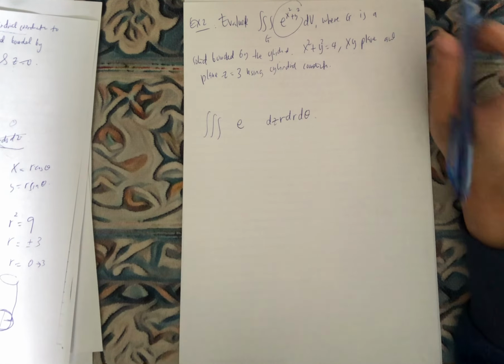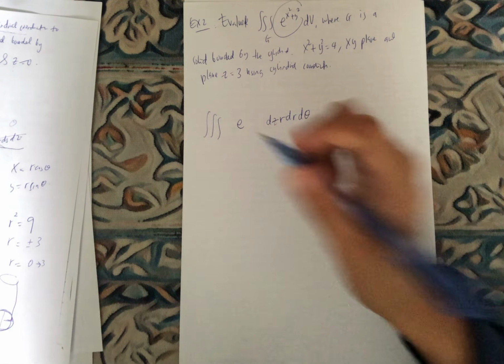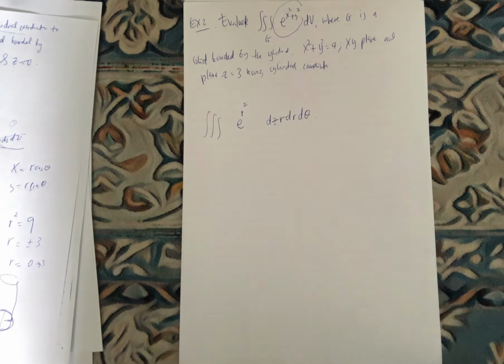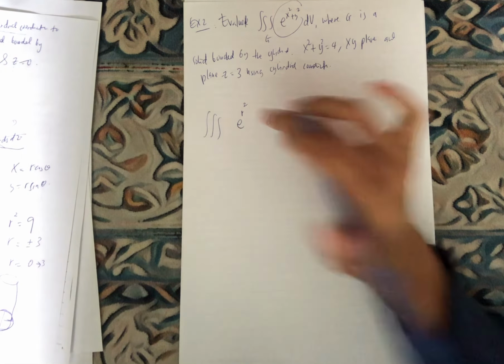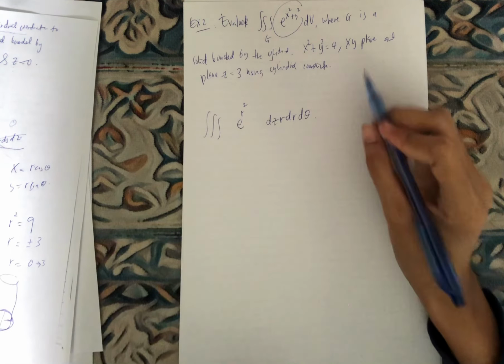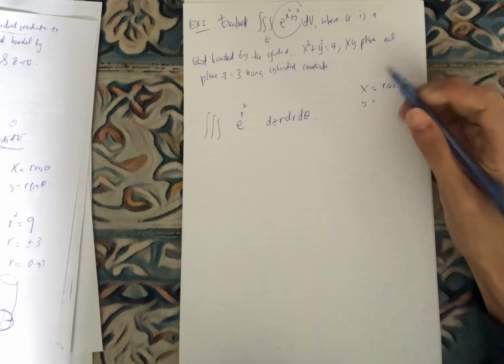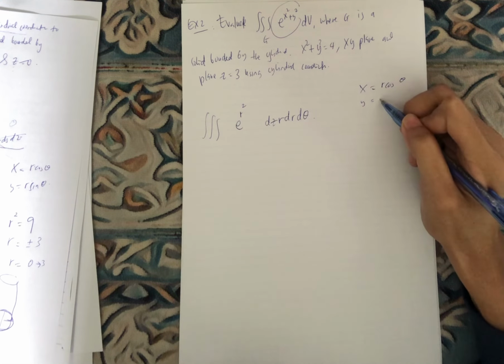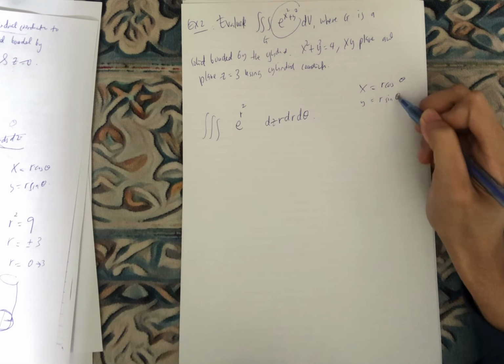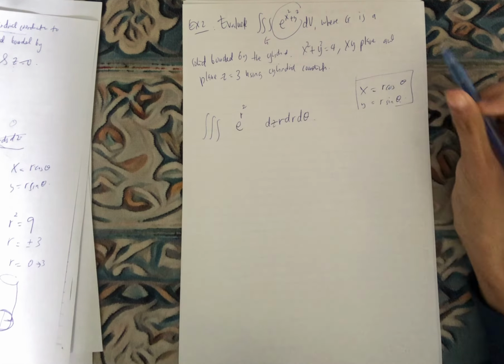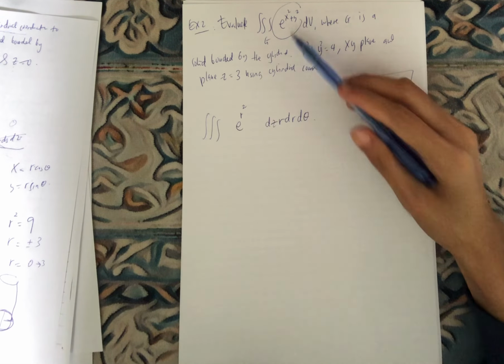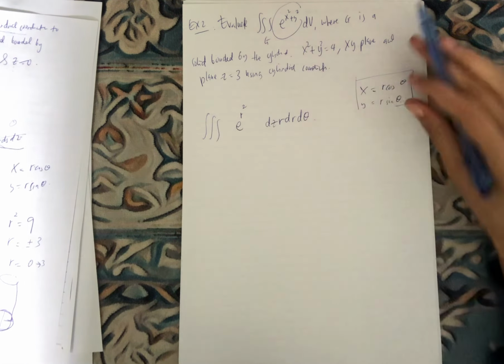We need to replace x and y with r, so it becomes r square. If you still wonder how I get this r square, you're just using the substitution. They have a substitution that I mentioned earlier in double integral, so I give you the same substitution here. You just substitute this into x and y, so you will get your r square here.